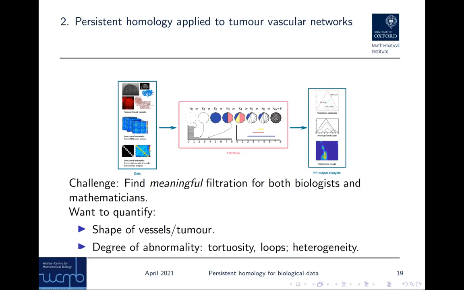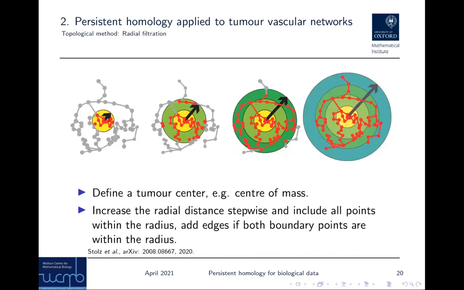So what I did was I came up with the radial filtration, and this works in the following way. You define a tumor center. In this case, I take this to be the center of mass of points sampled from the tumor blood vessel networks. And then I blow up a little sphere around this tumor center slowly, stepwise.